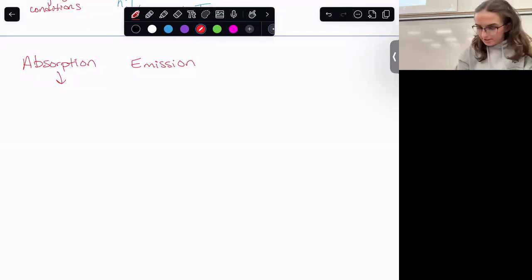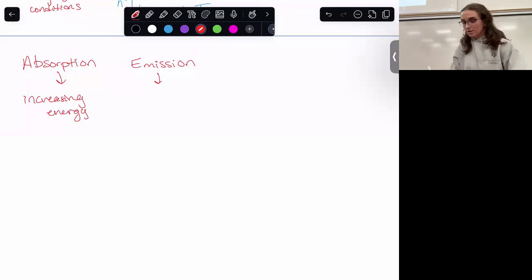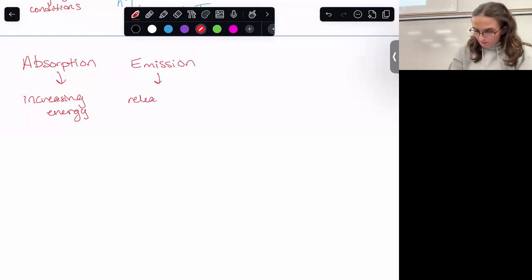We're increasing energy. And we're usually increasing the energy of the electron and therefore the atom. And for emission, what are we doing? We're decreasing or releasing energy, and this is in the form of a photon.